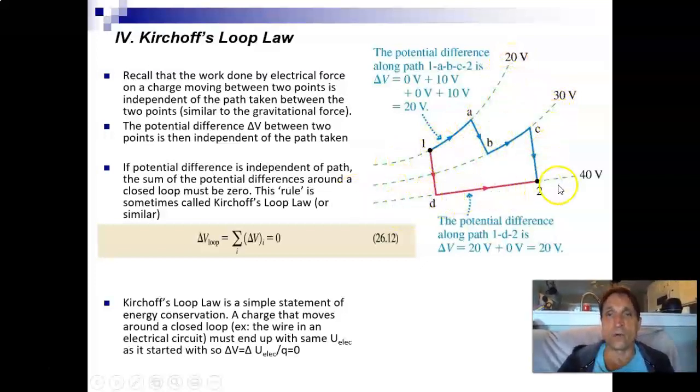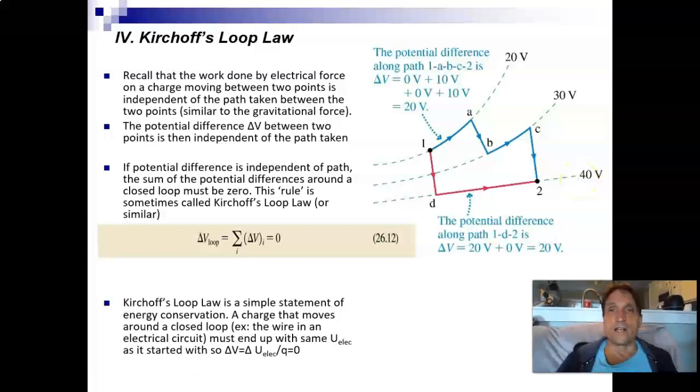And all points on this curve are at 40 volts. Suppose we have a beginning point 1 and an end point 2, and we want to calculate the work done by the electrical force in moving a charge from point 1 to point 2.